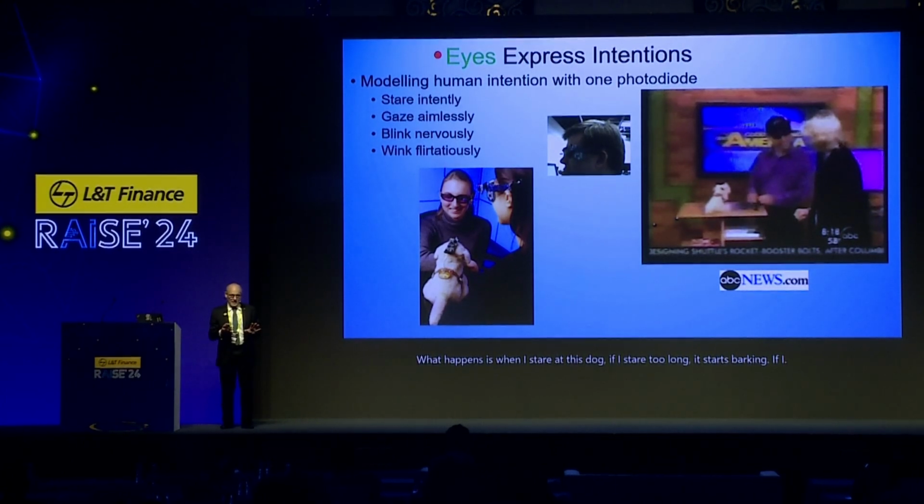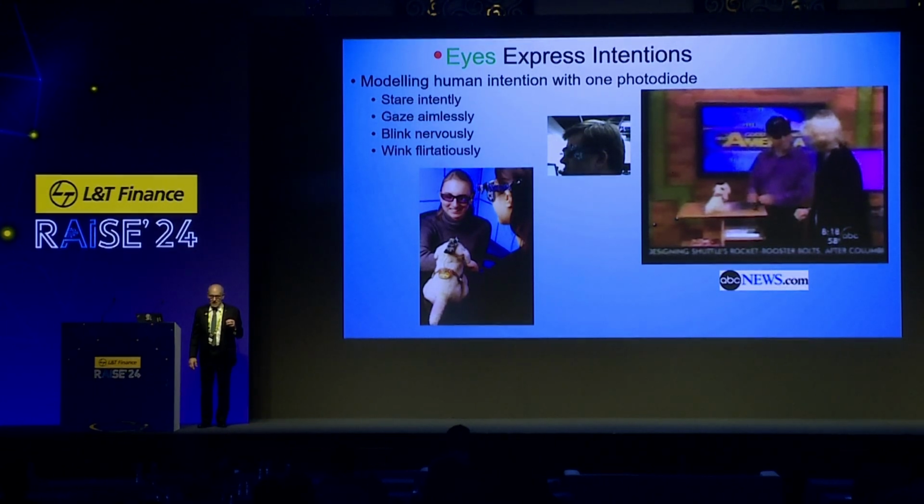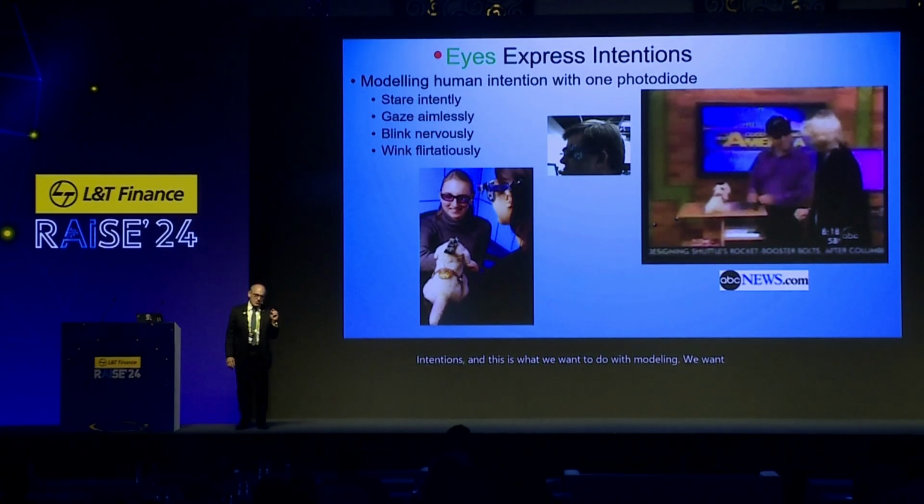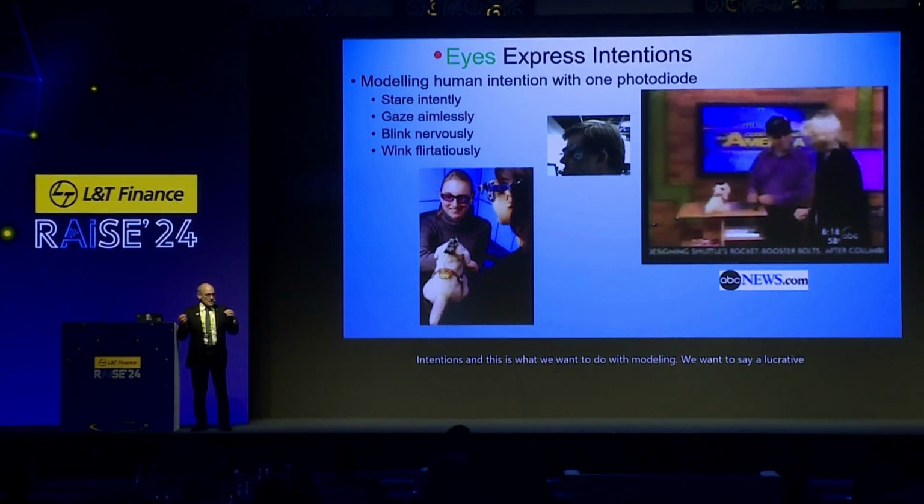If I wink, it knows I'm trying to flirt. So just with one photodiode, not a camera, and one little teeny computer, I could tell so many things about a human intention. And this is what we want to do with modeling. We want to say a little bit of sensor and a lot of modeling makes understanding.